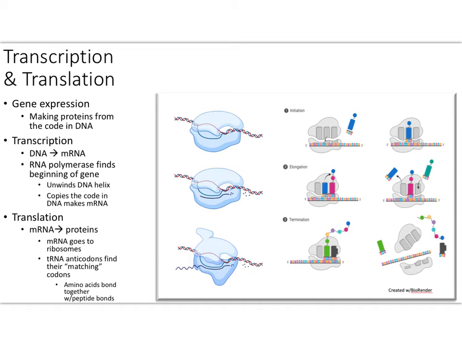Now, transcription and translation each have three of their own steps, and we're going to look at those steps on the diagram that I have here on the slide. On the left-hand side of this diagram, the process of transcription is occurring. On the right-hand side of the slide, the process of translation is occurring.